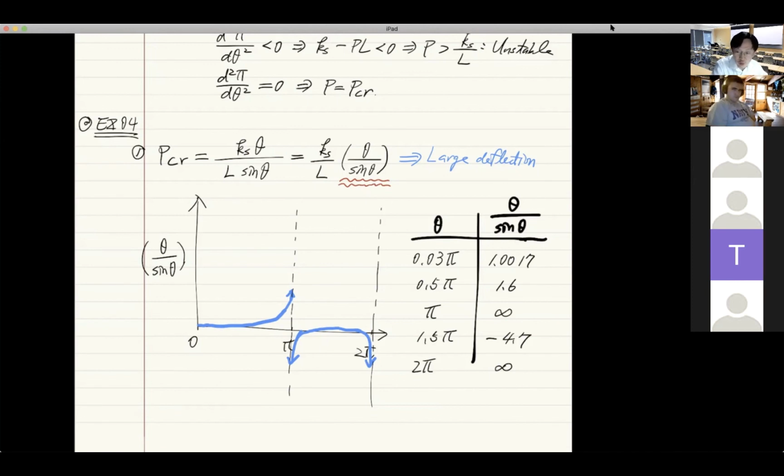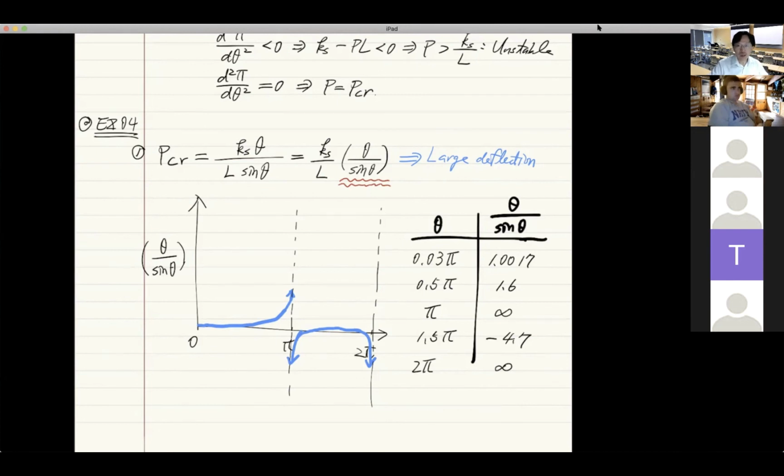If the theta over sine theta is less than 1.7, you think that's still fine, then your range for the theta is going to be up to 0.5 pi. But if the ratio theta over sine theta, you think that if it's greater than 1.1, I don't think that's small enough. I'm going to say that that angle is large. And then your angular range will be limited to less than 0.03 pi here. So that is what this example is about.